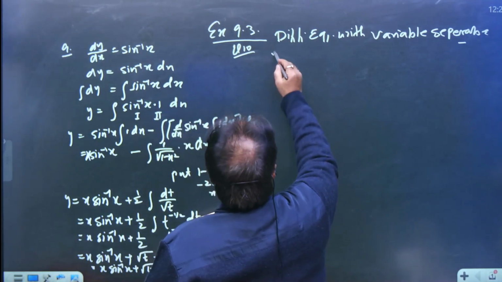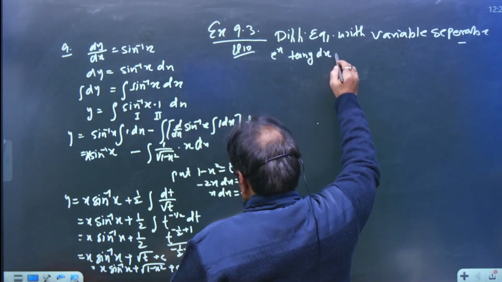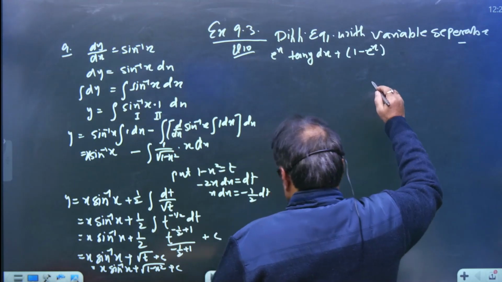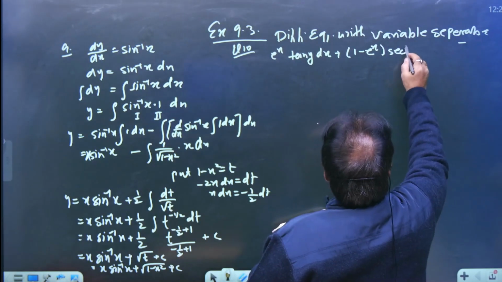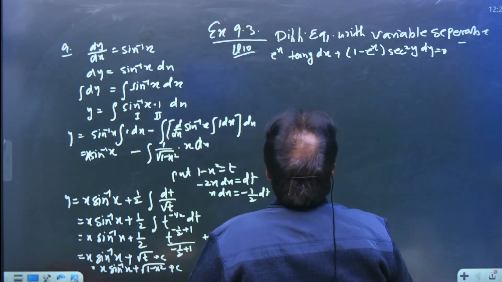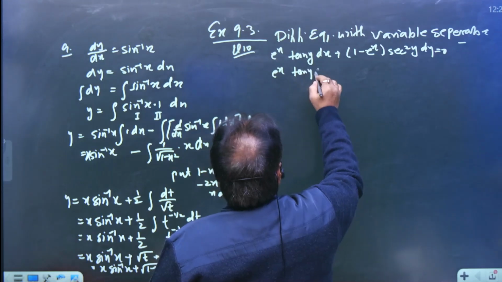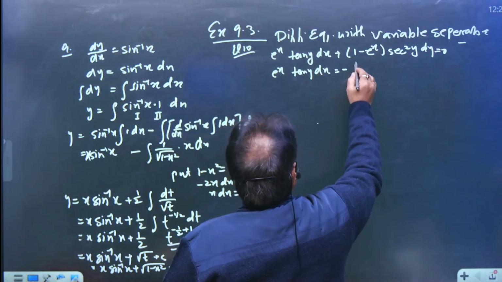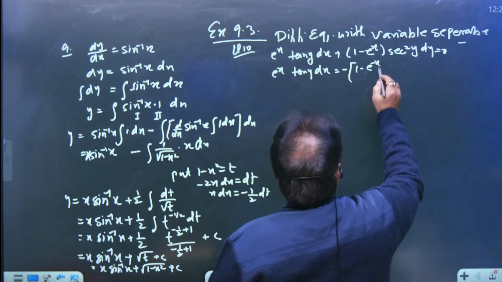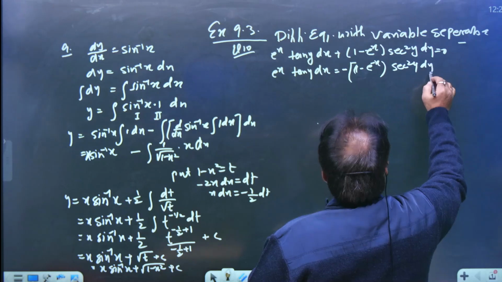This is e to the power x tan y dx plus 1 minus e to the power x into sec square y dy is equal to 0. So we can write e to the power x tan y dx is equal to minus 1 minus e raised to the power x into sec square y dy.